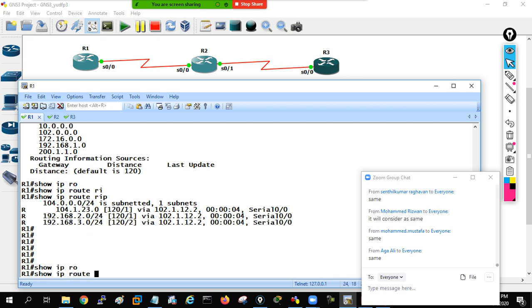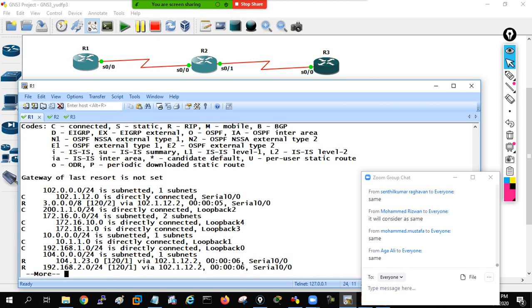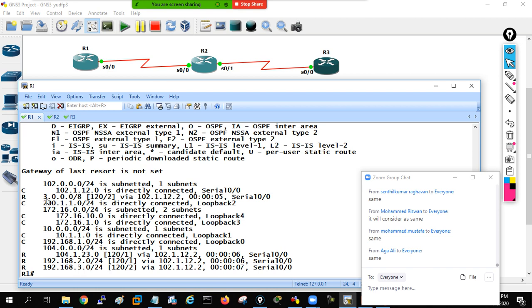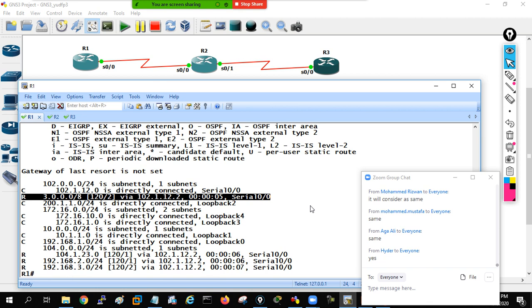Now, let's go and check in router 1 whether this route is there or not. Show ip route, enter. Did you find the RIP route which is learned from router 2? Everybody, are you able to see that? Say yes or no. Yeah, hop count is 2.